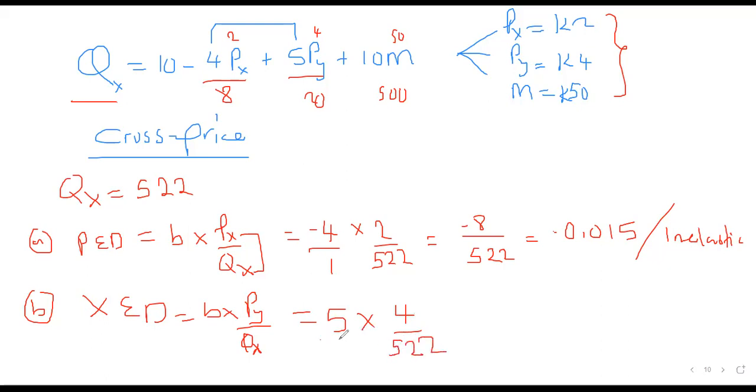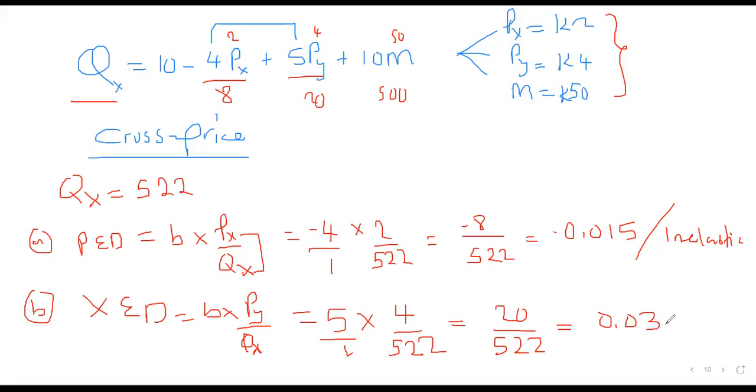When you compute this, 5 times 4 is 20, over 522 times 1, which is 522. What do we get? 0.038.